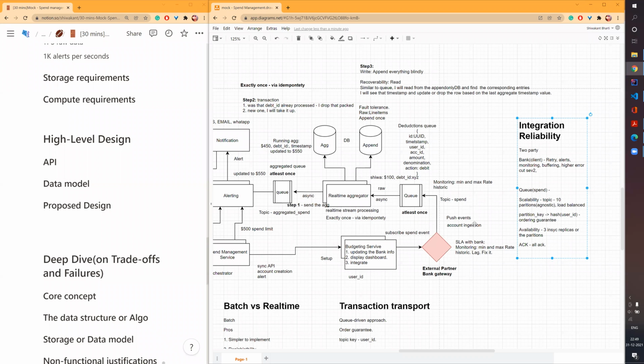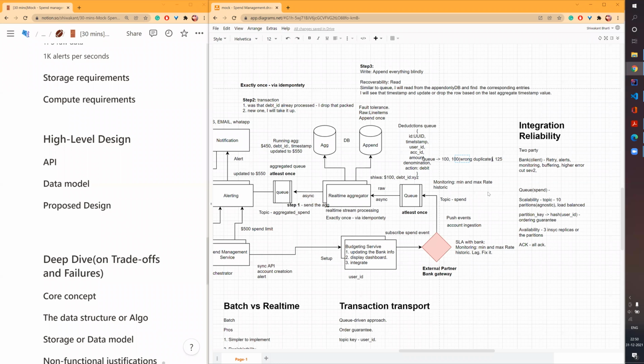So the only catch could be we will have $100, $100, $125. So suppose this is the queue, so it could be 100 and 100 and 125. So this is basically a wrong duplicate, right?